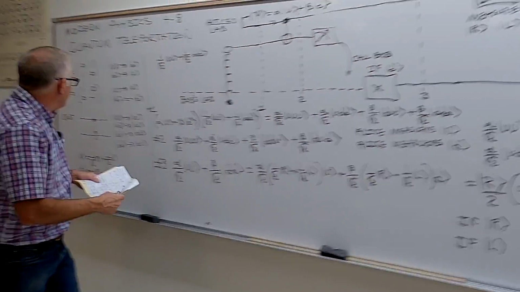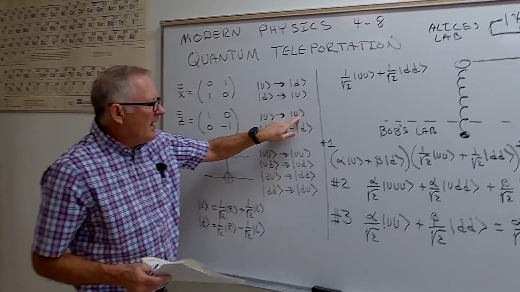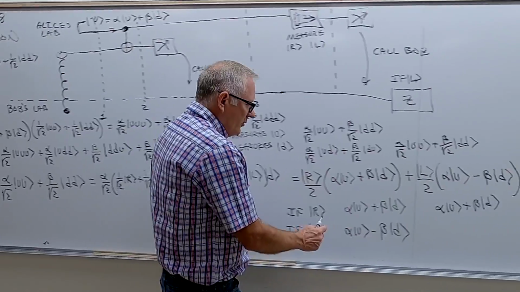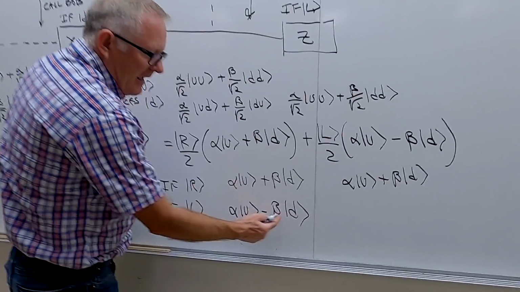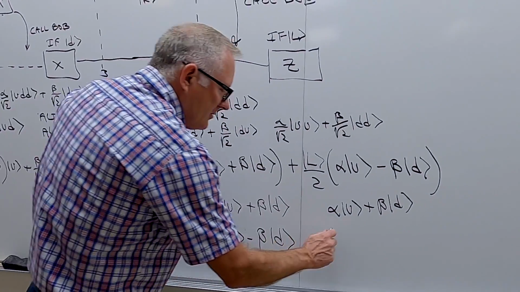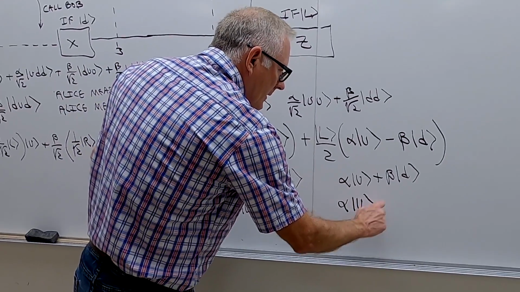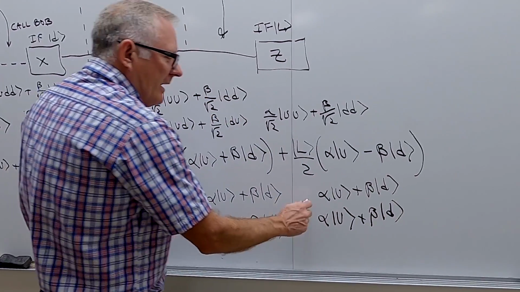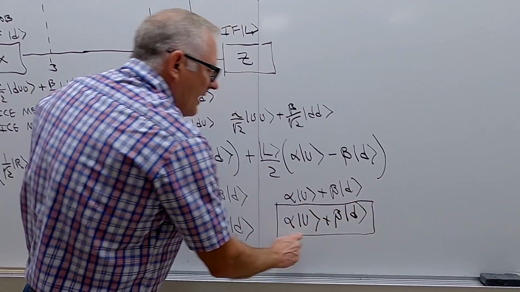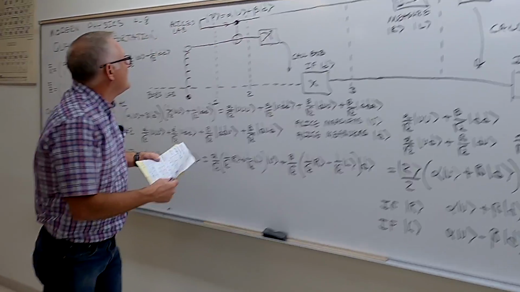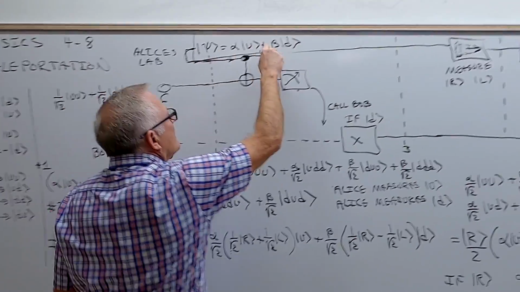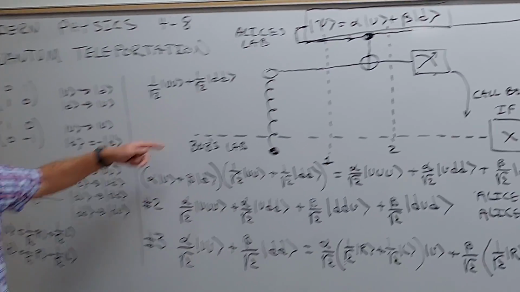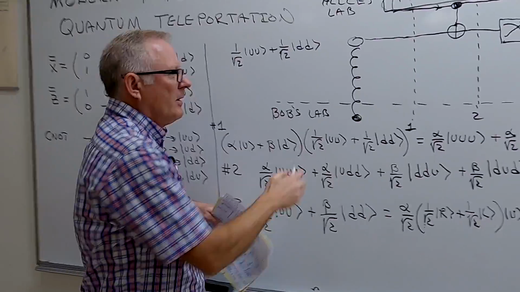If it's left, then you're just going to put that through the Z gate. Remember what the Z gate does. It doesn't do anything to ups, but it turns downs to minus downs. So it won't do anything to the up, but it'll turn that down and make this a plus. So it becomes alpha up plus beta down, which is the same thing. Now they agree on the state right there. Not only that, that state is the same state that it used to be in Alice's lab.